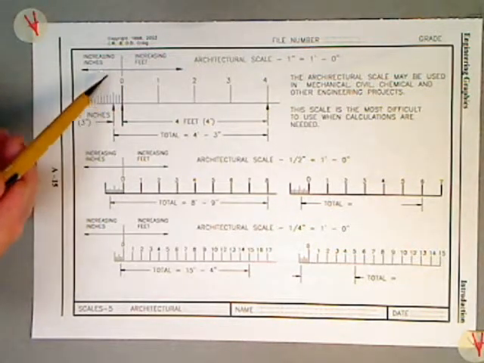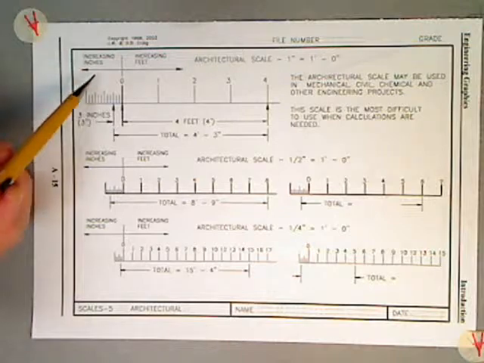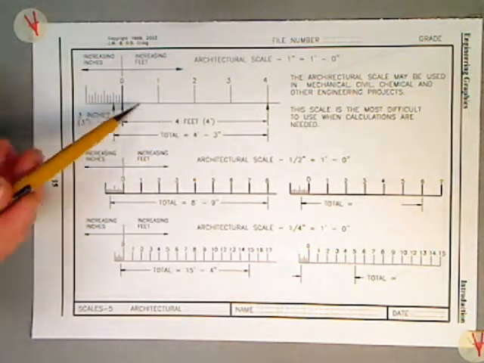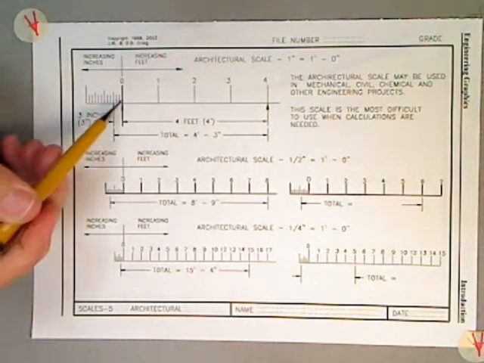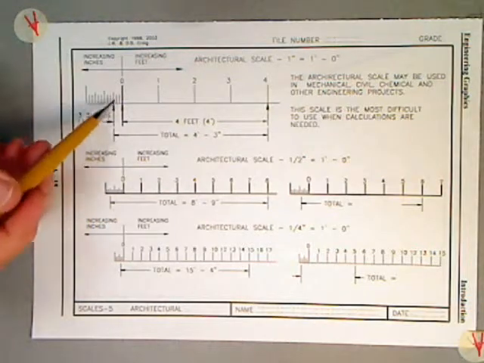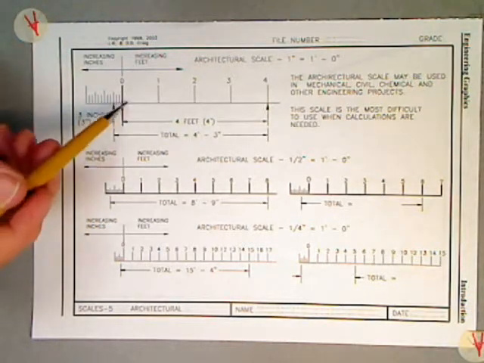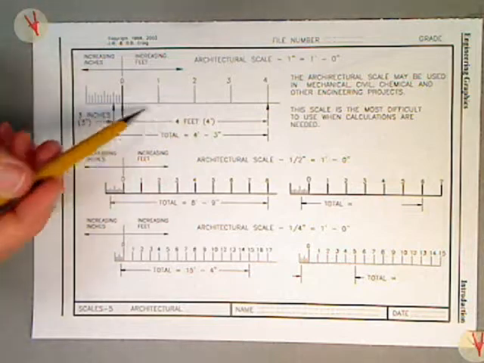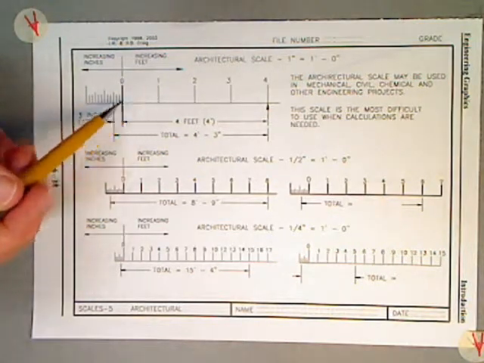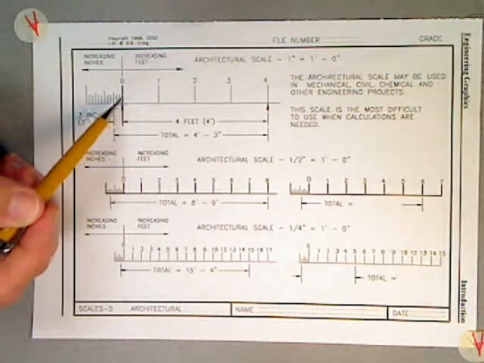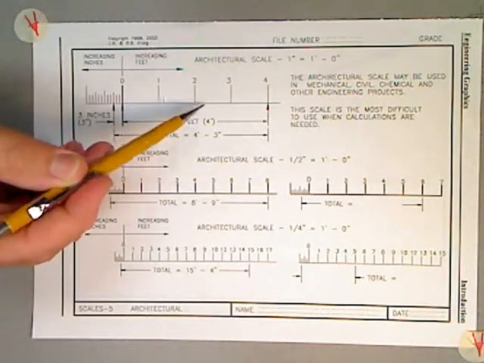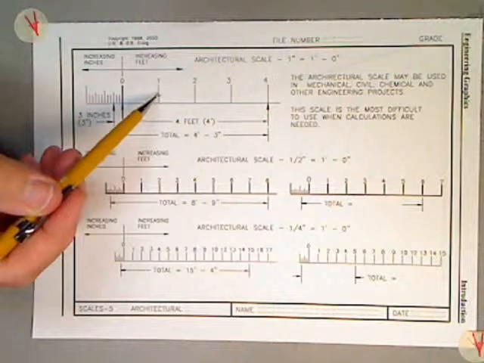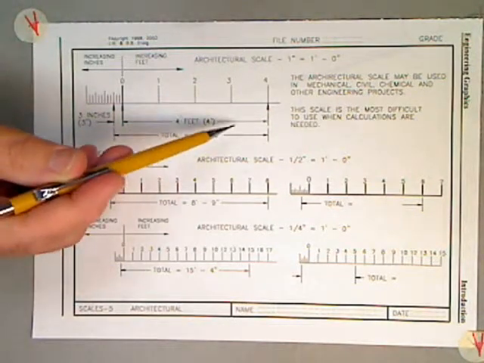So what you have to recognize is that it is an open divided scale, and that in this direction it is divided, in this direction it's open. Over here there are no increments, inches and fractions, so each mark going this side of the zero is feet.